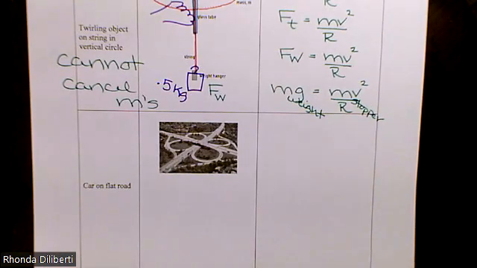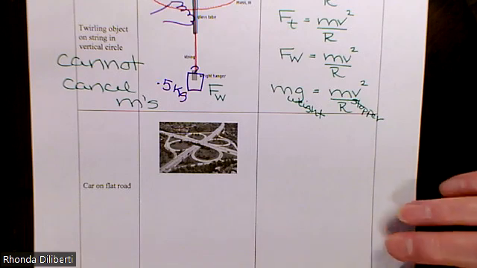This one is, I'm going to call it a car on a flat road. Or it could be a penny on a turntable. Anything that's sitting flat, but going in a circle. But let's talk about the road for a minute, because it's a really practical example.